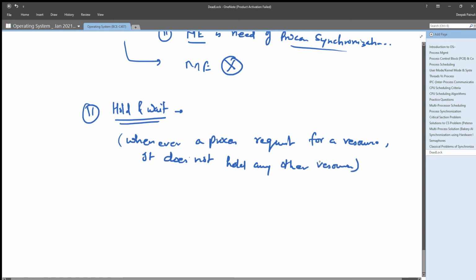So preventing hold and wait means whenever a process requests a resource, it does not hold any other resource.